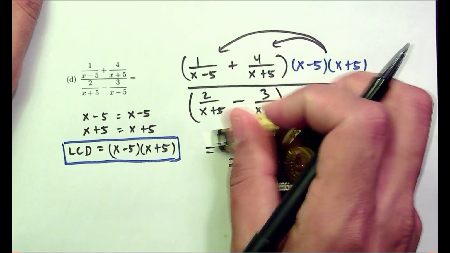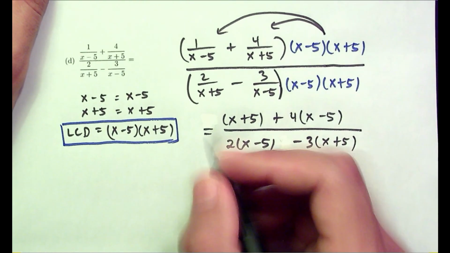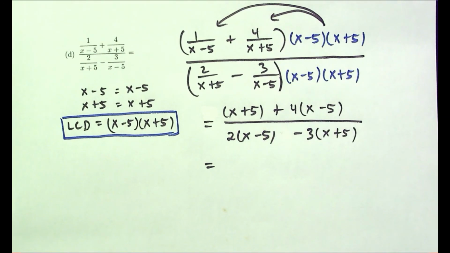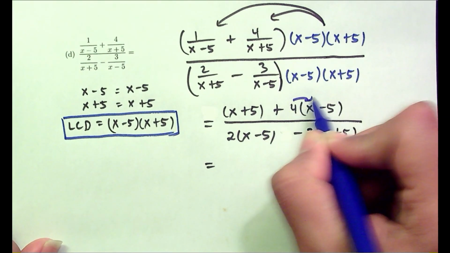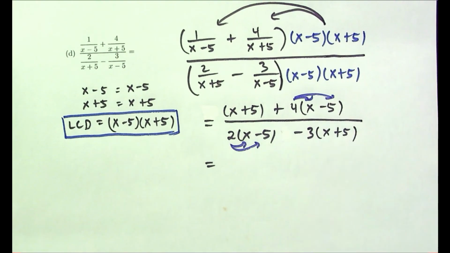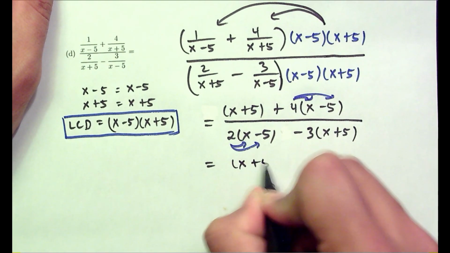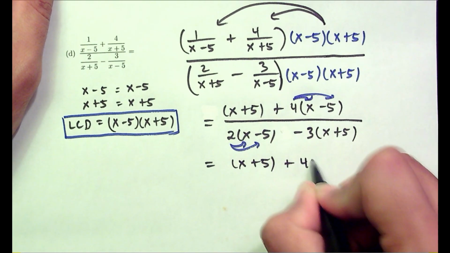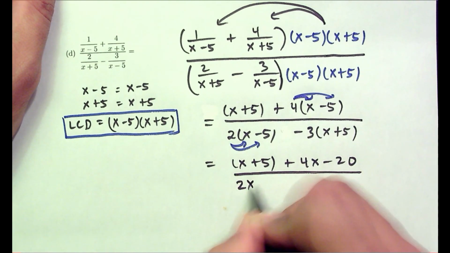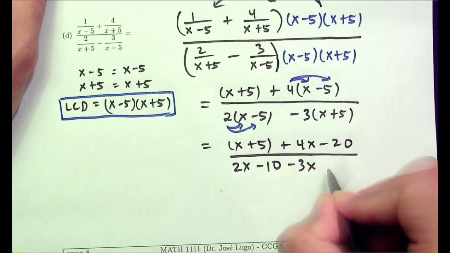Okay, so now it's a matter of just collecting like terms and see if we can simplify any more. But before we collect like terms, we see that we have to do some distribution here, and same there. So distributing everything, we're going to get on the top x plus 5 plus 4x minus 20, all that over 2x minus 10 minus 3x minus 15.